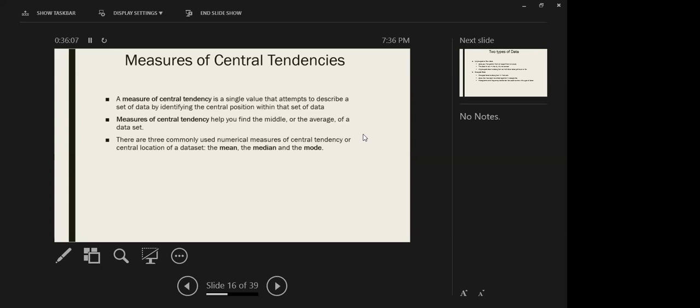So they will help you find the middle of the data, like when you want to separate data into two halves, or they can also help you to find the average, which is the mean.